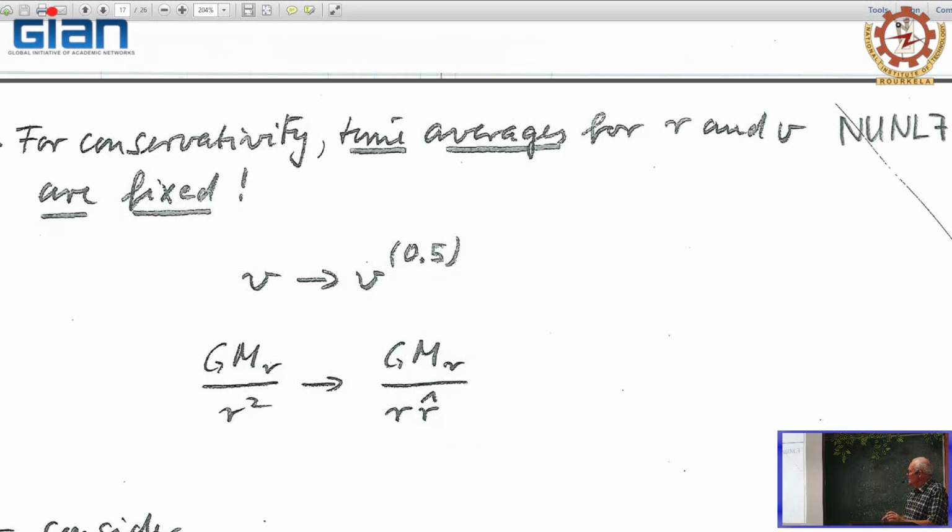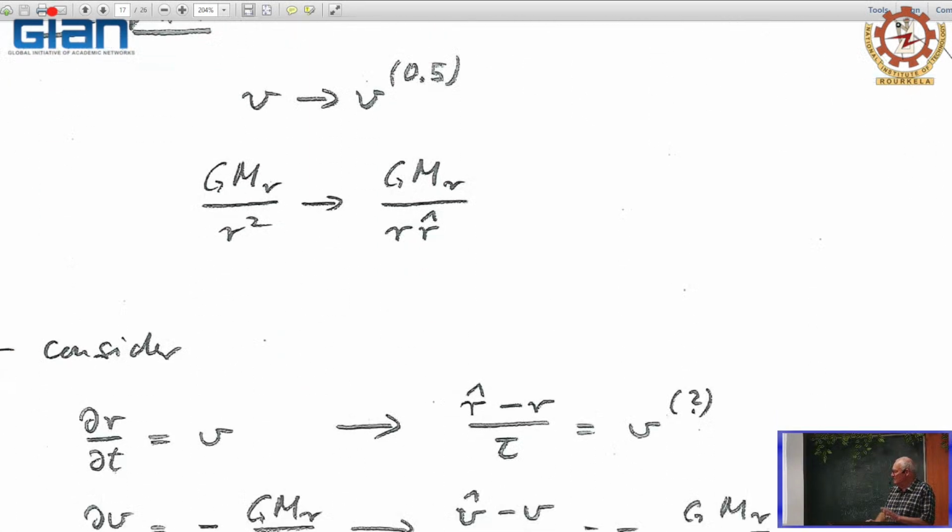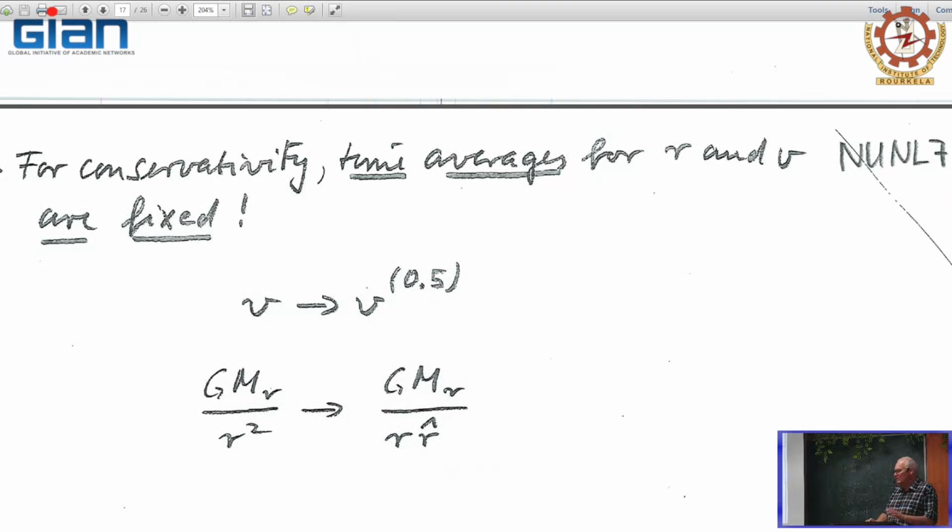Okay, so as a result, velocity has to be taken with the time average 0.5, and the gravitational force has to be taken as GM over the radius at the old time times the radius at the new time. This is one example of how to discretize the scheme correctly with respect to energy balance, and how to derive at least parts of a conservative scheme.